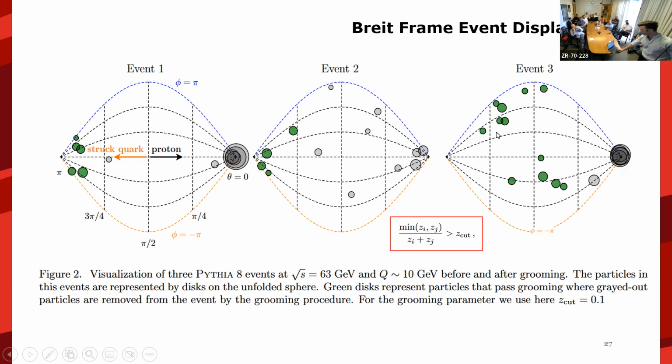And then in event 3, this is basically a DIS dijet event where you've removed the proton going radiation, but you've kept these two jets, as some part of the struck parton, so to speak. And a lot of this is rooted in the naive quark parton model. But if you have suggestions to improve it, please speak up.